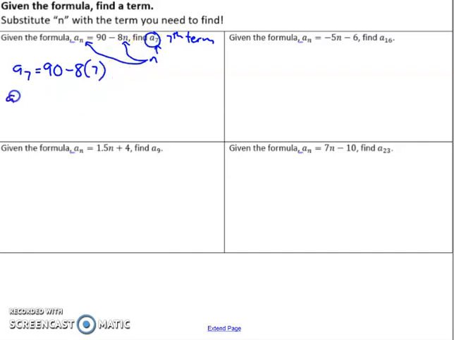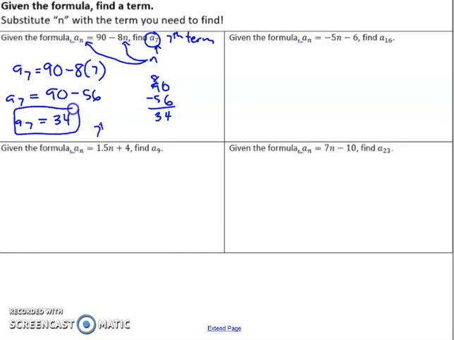So A7, the 7th term, is 90 minus 56. A7 equals 34. Please check your calculator. You could do that off to the side. So the 7th term is 34. Let's do it again.